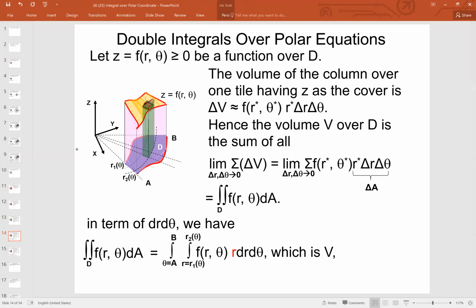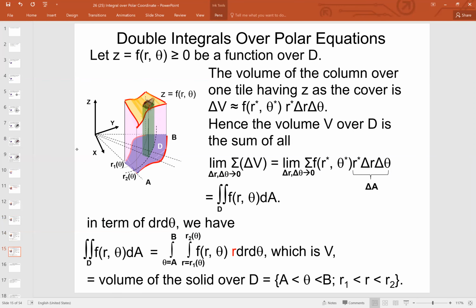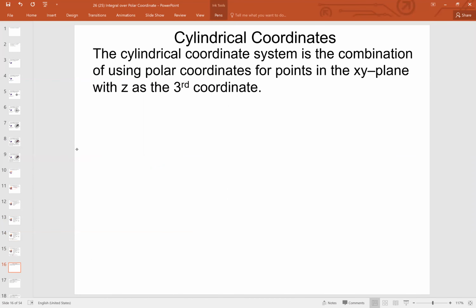Incidentally, equations like this are really cylindrical equations. So let's just go about cylindrical coordinates. The cylindrical coordinates basically is defined in the xy plane by the polar coordinates, but then you tack on in the third dimension, the z, as a third component.